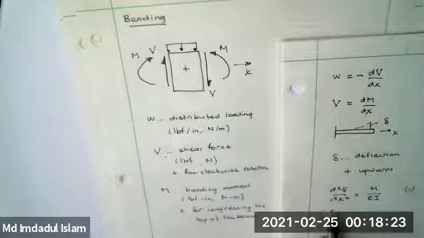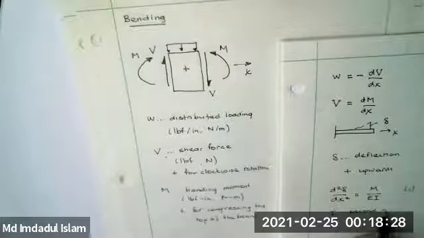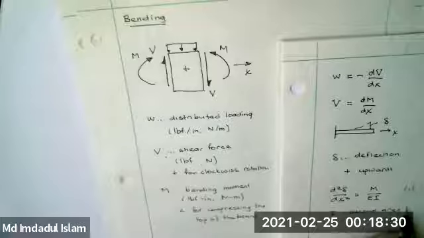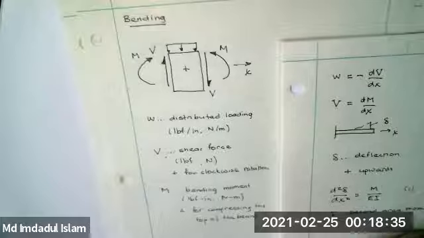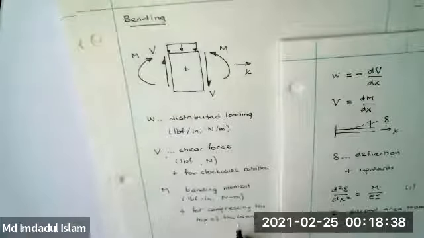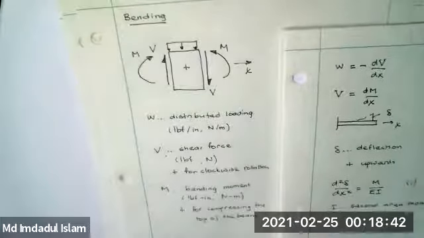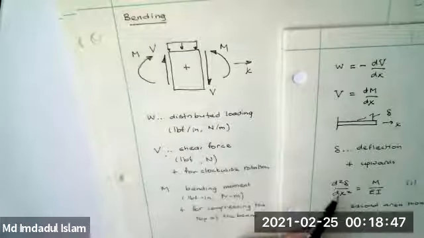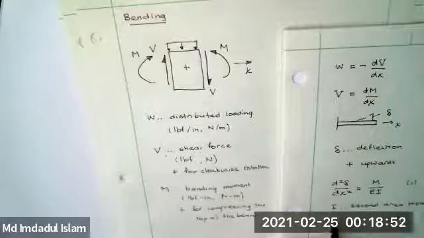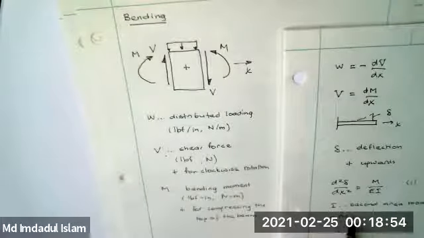E is Young's modulus. I, strictly speaking, is the second area moment. It's a little different from the polar by a factor of 2 typically for cylindrical bodies. When you start to solve for deflections in bending, this is a second-order differential equation you're going to integrate twice. Each time you integrate, you get a constant of integration. And so you need a way of evaluating them. So this needs 2 end conditions.